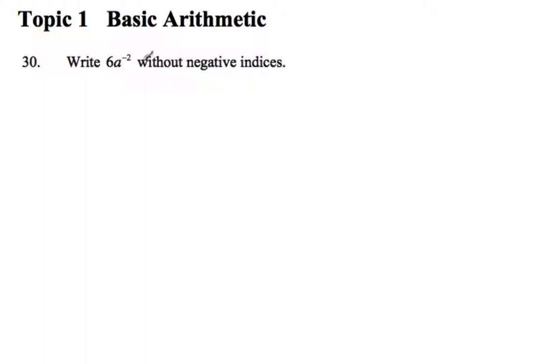Here we've got to be careful. There's no bracket around the 6 and the a, so it's 6 separately multiplying with a to the minus 2. And by having that 6 separate, we don't make the mistake of turning it upside down as well. So we've got a 6 times, now a to the minus 2 is 1 over a squared, because they want us to write it without any negative indices.